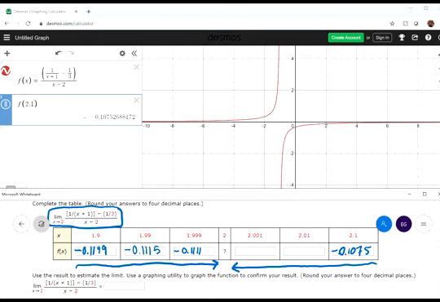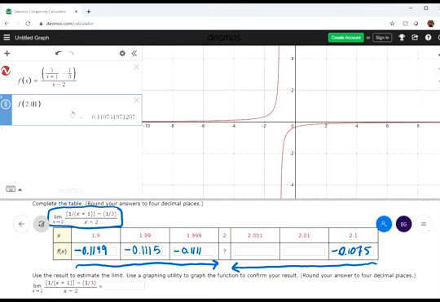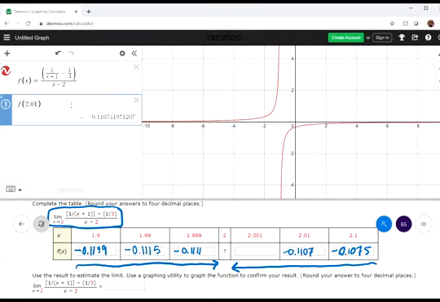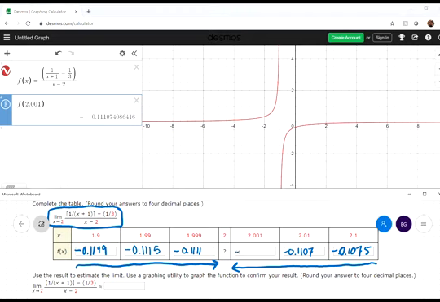Let's change that to 2.01, and that's negative 0.1107. And we'll plug in 2.001. And if we round this to 4 places, it looks like negative 0.1111.